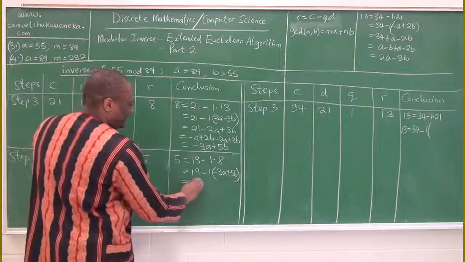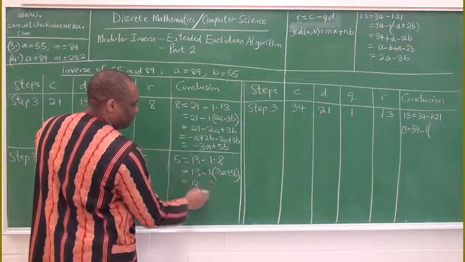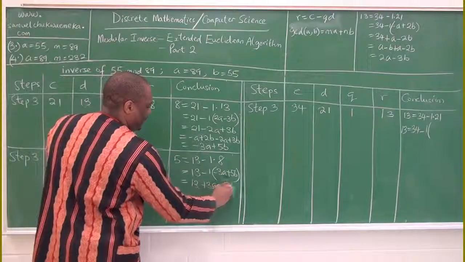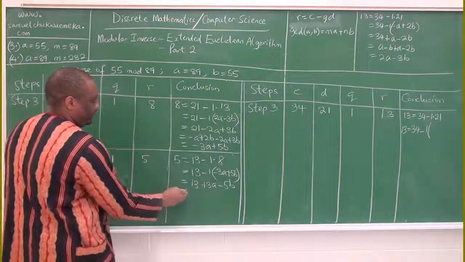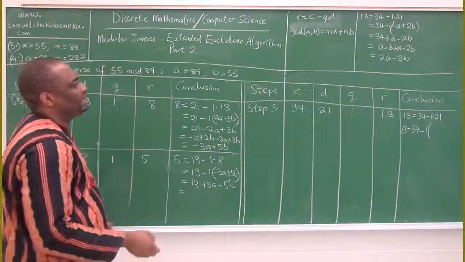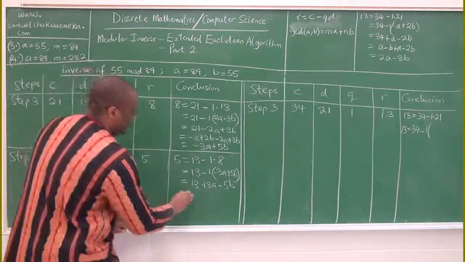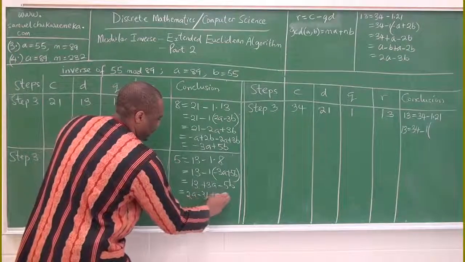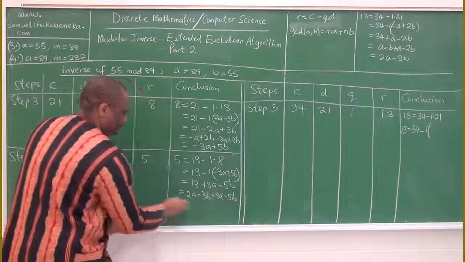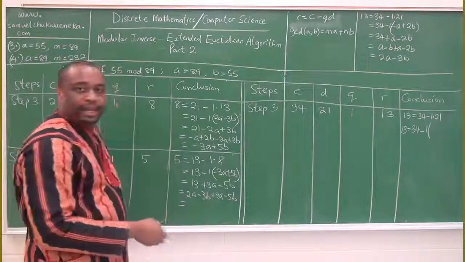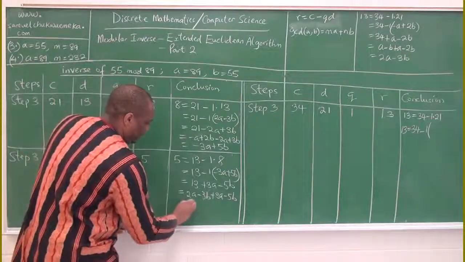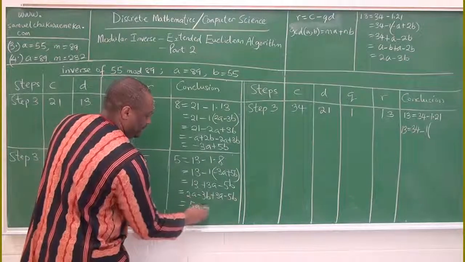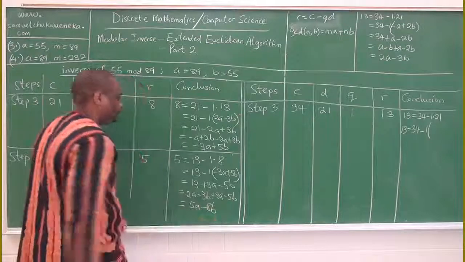So this will be 13 minus 1 times minus 3a is plus 3a minus 5b. And that will be equal to, what did we get as our 13? 2a minus 3b. 2a minus 3b plus 3a minus 5b. So 2a plus 3a is what? 5a. And minus 3b minus 5b is minus 8b.